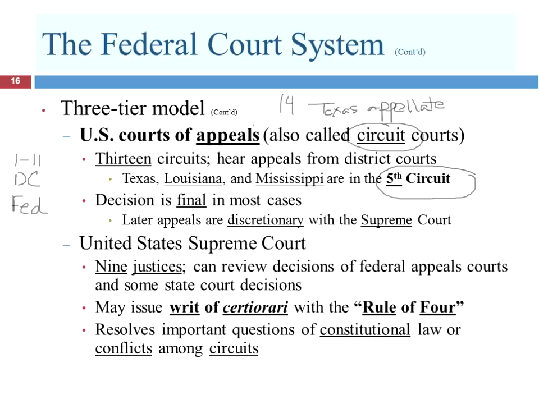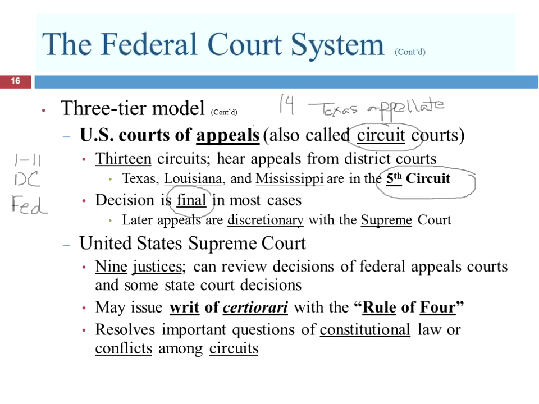But after that decision, to appeal to the U.S. Supreme Court, you can always ask for review, but the vast majority of the time, the U.S. Supreme Court says, no, we're too busy. There's not a sufficient amount of time for the U.S. Supreme Court to hear every single case. So the vast majority of cases are final after the review by the circuit court, if even that's filed, because of course in most cases the trial court is the final decision.